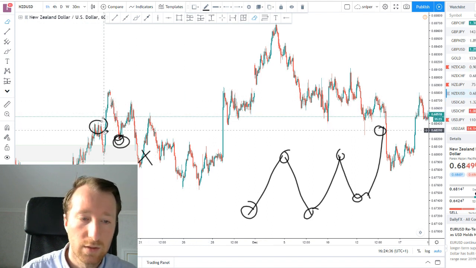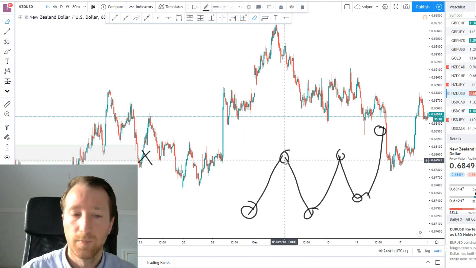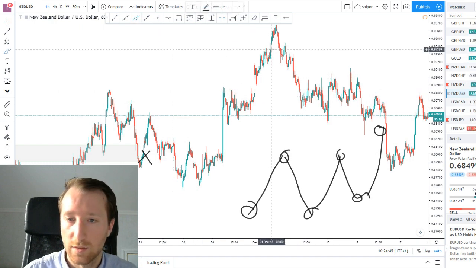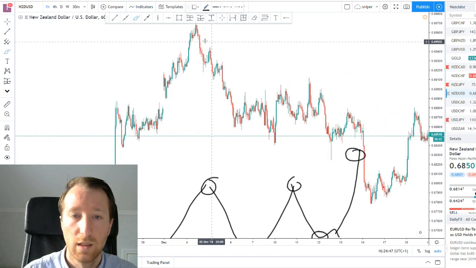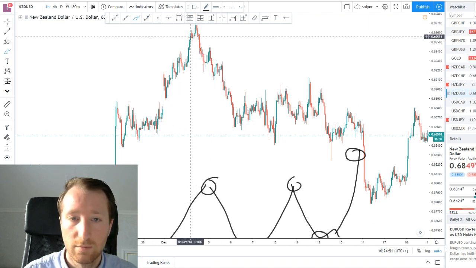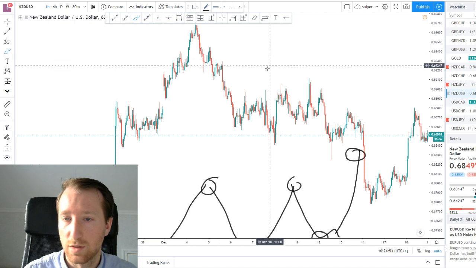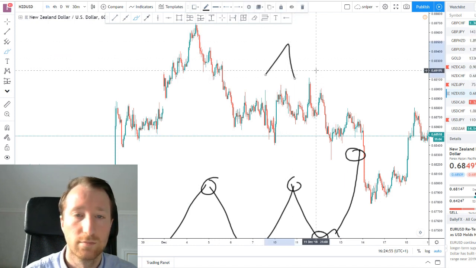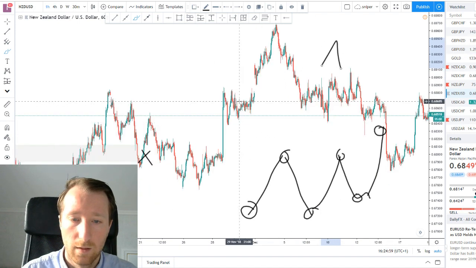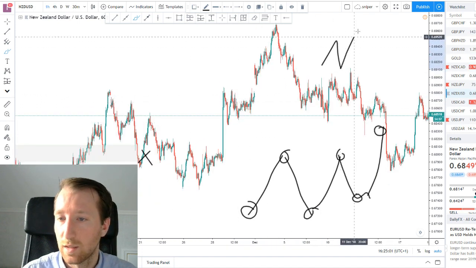So when price then does this, normally the price has patterns around those areas. Like, I would say this is just the tip of an iceberg. But I would look for something like this.